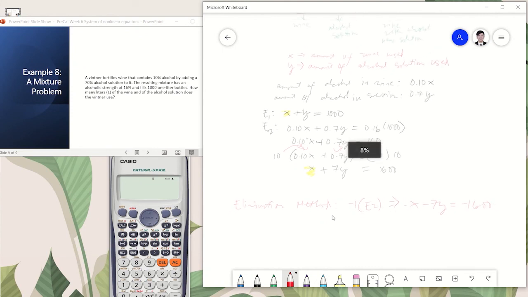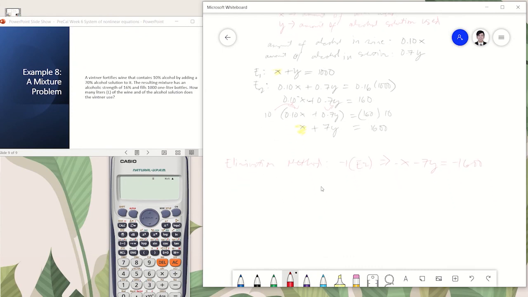And that's a time that I can already apply elimination method. So x plus y is equal to 1,000 plus negative x minus 7y is equal to negative 1,600. So x will become 0.